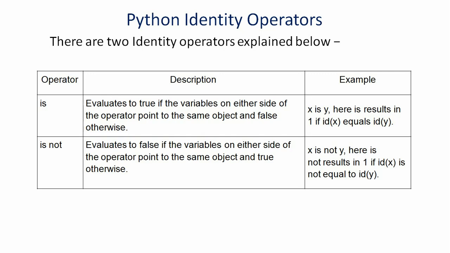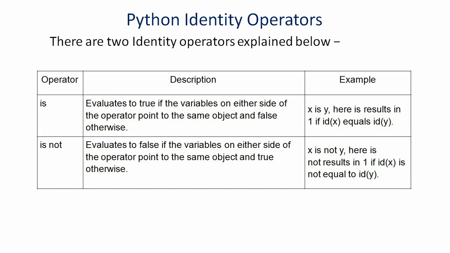For example, x is y results in 1 if x equals y. Is not evaluates to false if the variables on either side of the operator point to the same object, and true otherwise. For x is not y, it results in 1 if x is not equal to y.